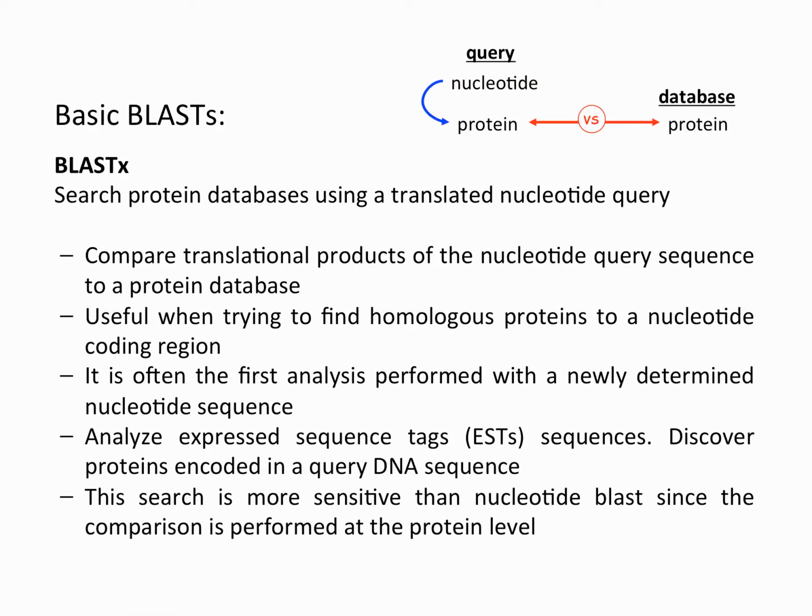Because BLAST-X translates the query sequence in all 6 reading frames and provides combined significance statistics for hits to different frames, it is particularly useful when the reading frame of the query sequence is unknown or it contains errors that may lead to frame shifts or other coding errors. So this type of BLAST is very useful if we want to discover proteins encoded in a query DNA sequence.